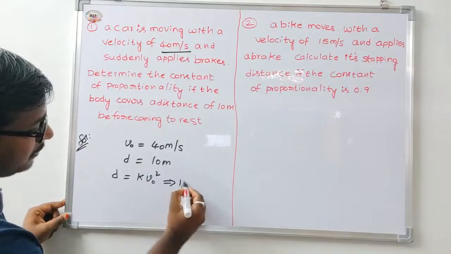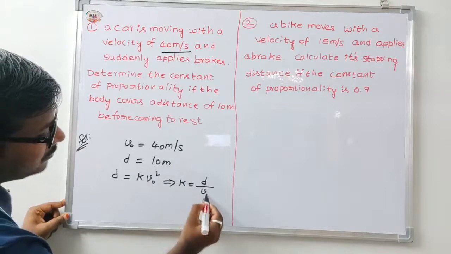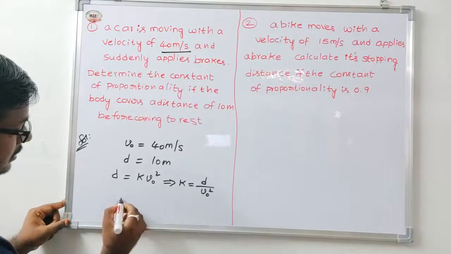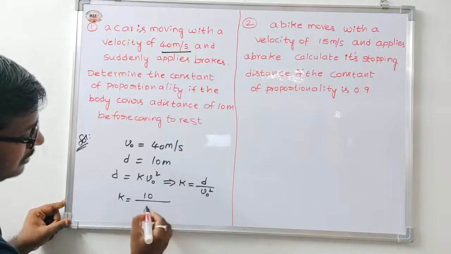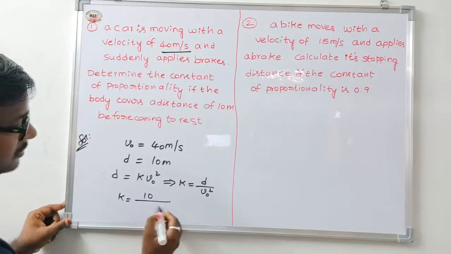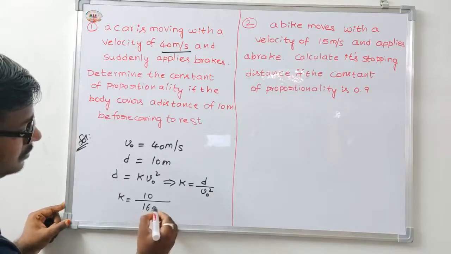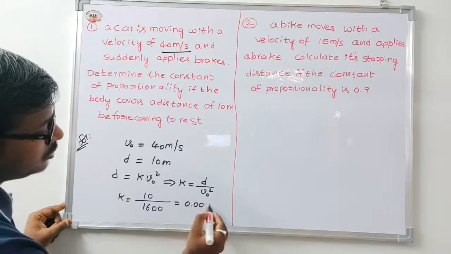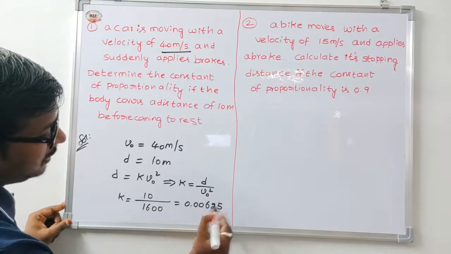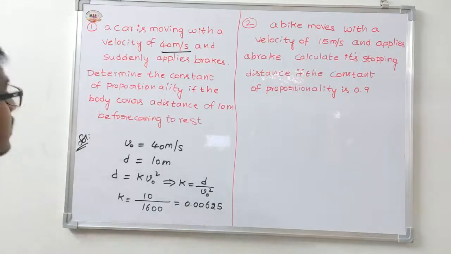Then the proportionality constant k is equal to d by v0 square, so k is equal to 10 by 40 square. 40 into 40 is 1600. Dividing, the value is 0.00625. This is the first problem, students.